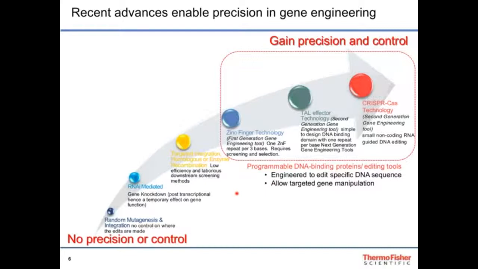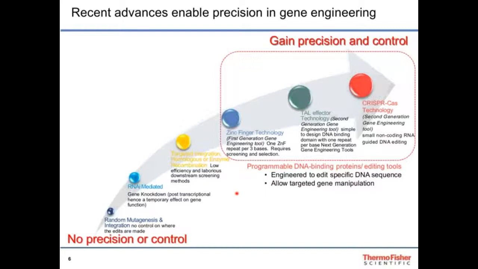Long story short, I'll go into some more detail later. These tools are very easily engineered to bind specifically at a chromosomal location. And so we can get very high specificity of directing these tools to specific locations of the genome. And as with the zinc finger technology, we can use these as a vehicle to deliver enzymatic activity to specific addresses in the genome.